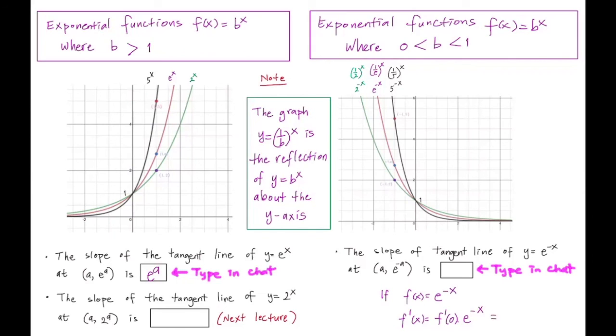And at 0, the derivative is -1. So here I have negative e to the negative a. Or you can also come to this conclusion using the chain rule.